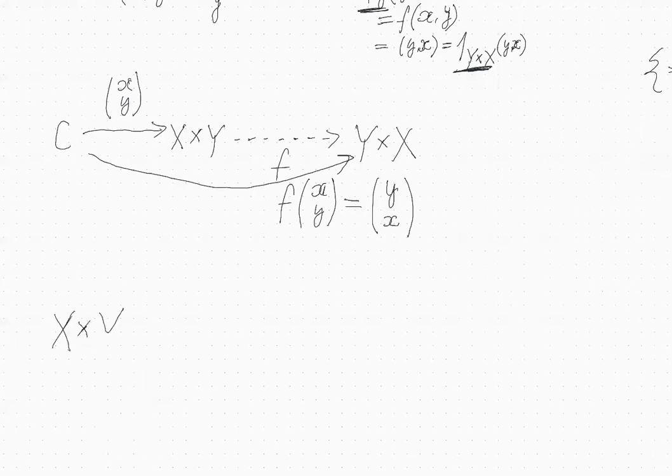I now need to choose generalized elements small x and small y, the unique ones I will choose to do what I want to do, as I promised. Okay, how do I choose them? Remember, if C is x cross y, then a generalized element of x needs to be a morphism from there to x, and a generalized element of y with that C needs to be a morphism here.